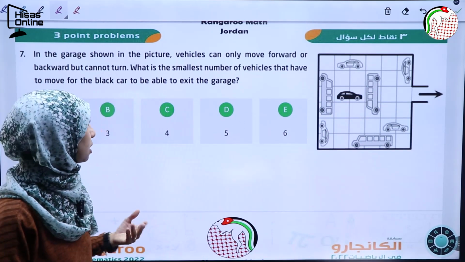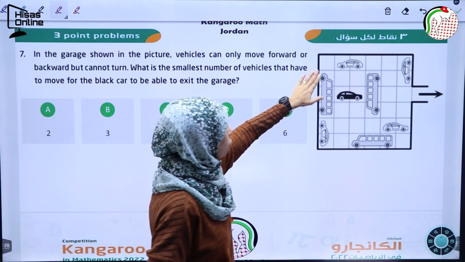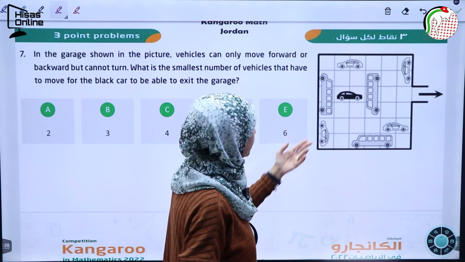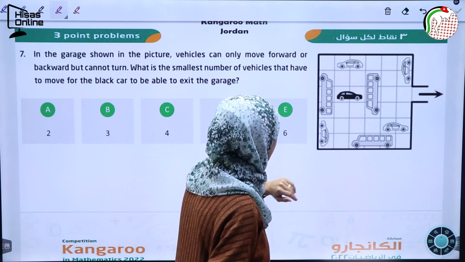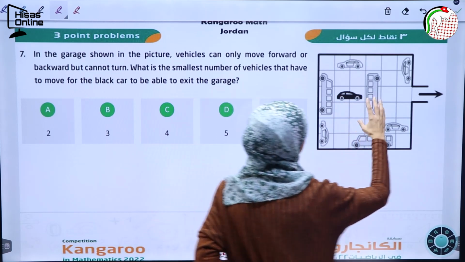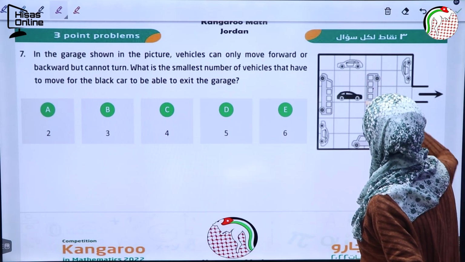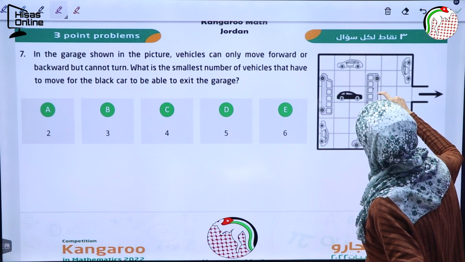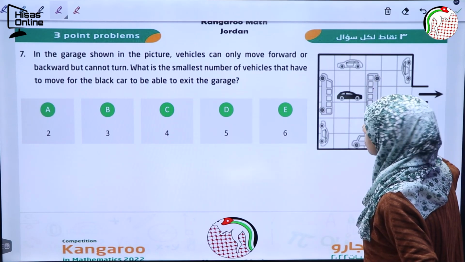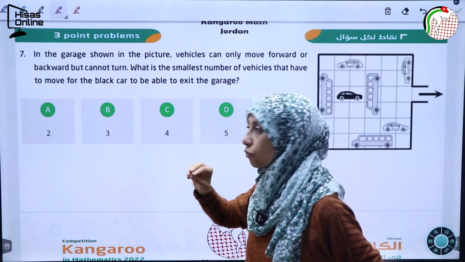Now let's think about the minimum number of items that we can move in order to let the black car move out. Based on squares, the one that blocks the exit is this bus, and we need to know how many squares I have to move it.